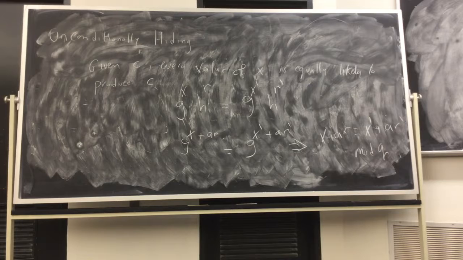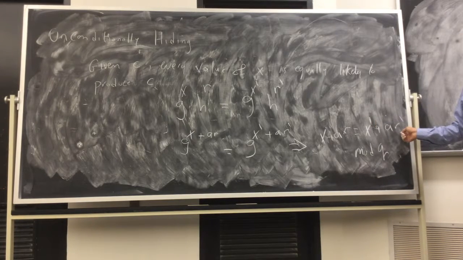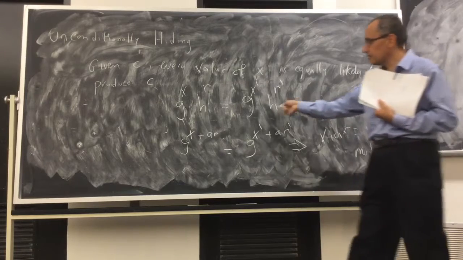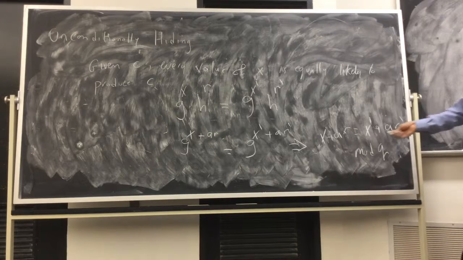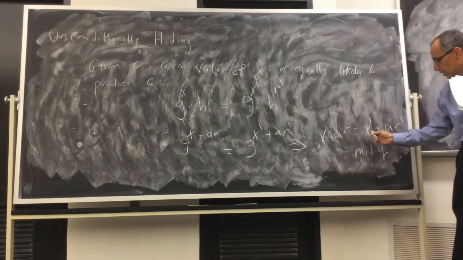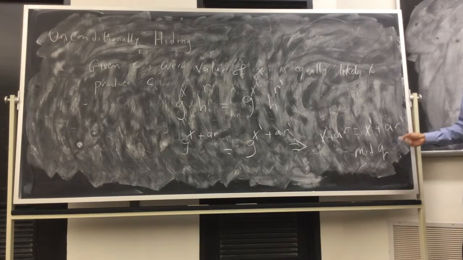What really matters is that I can just pick any x dash and then calculate r dash that will make this equation satisfied. So how can I find r dash? r dash would equal (x plus ar minus x bar) divided by a, modulo q.